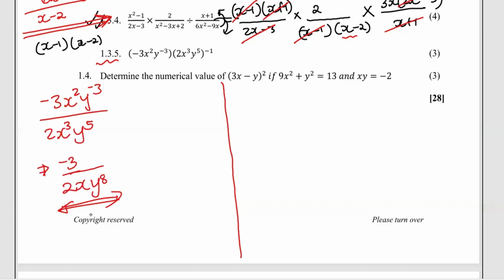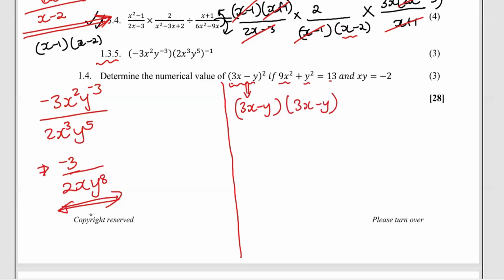Then 1.4: determine the numerical value of this if 9x squared plus y squared is 13 and xy is this. Okay, so what they want us to do is open up this indirectly. We know that this will be the same as 3x minus y into 3x minus y.